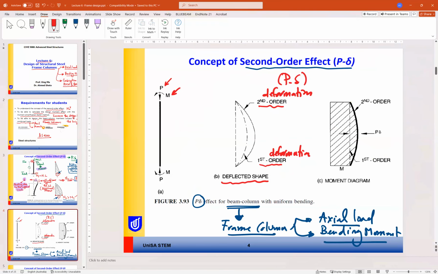Okay, so let's proceed now. We have second order deformation, which is the delta effect due to the buckling of this member. So we have initial buckling, and due to the initial buckling, the buckling will increase by another value. The difference between those is delta, or P delta effect, sorry.